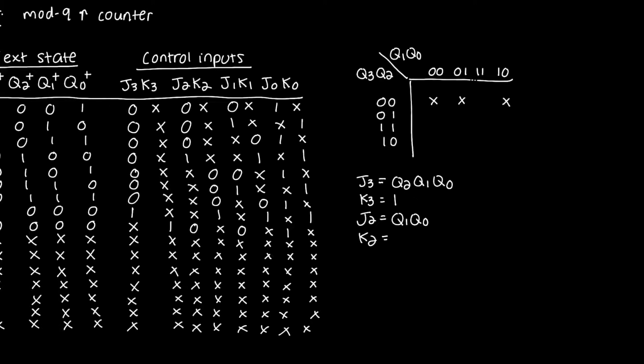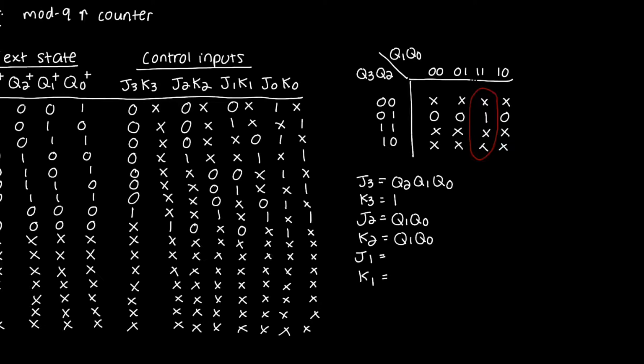X, X, X, X, and then 0, 0, 0, 1, and then X, X, X, X, and X, X, X, X. Again, we have this column right here, and we can say that K2 is just equal to Q1 and Q0.